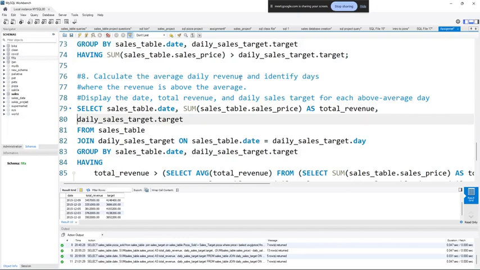Display the date, the total revenue, and the daily sales target. Now, where we have a problem is just these two statements. I need you to understand, and I want to explain very well again.